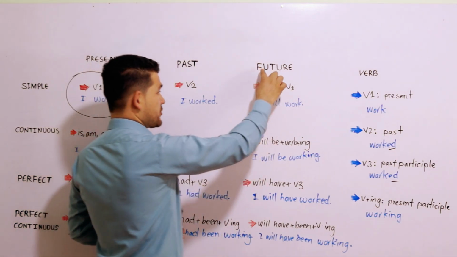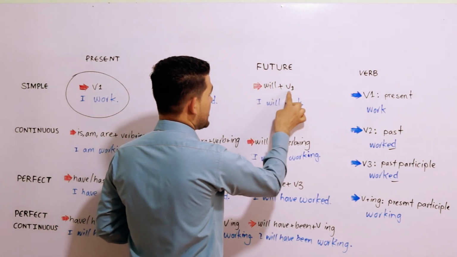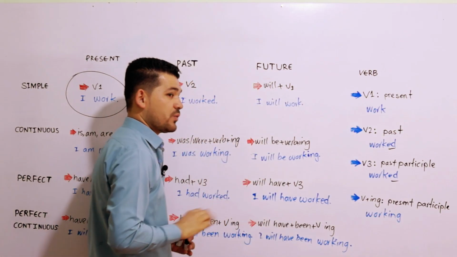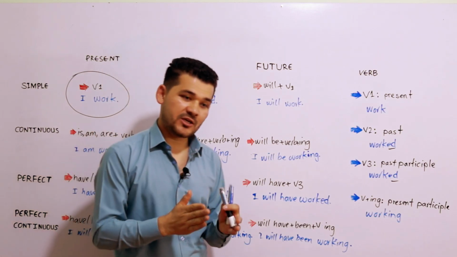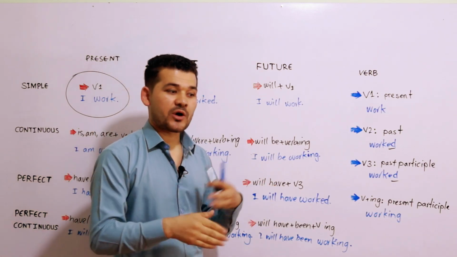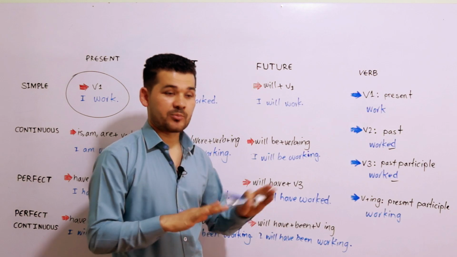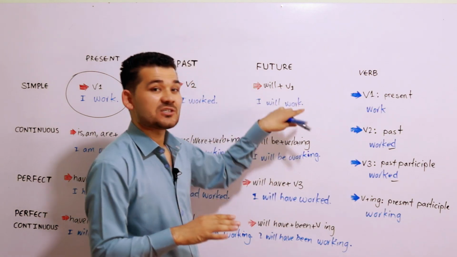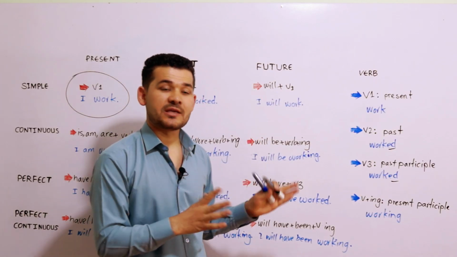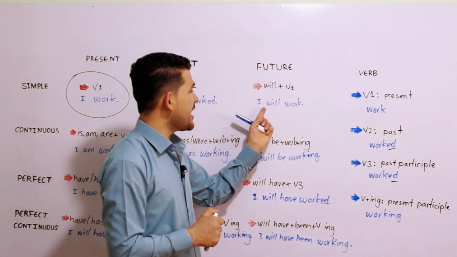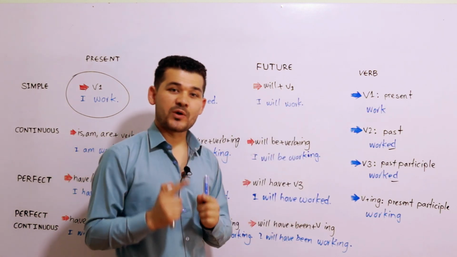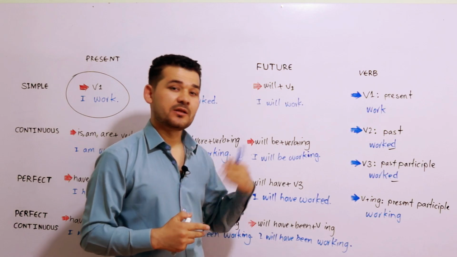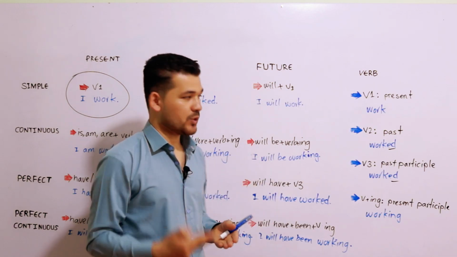What about future? We have will plus the base form of the verb without s. Even if you have he, she, or it, or third person singular nouns, not pronouns, it doesn't take any s or es. For example, you can say I will work, he will work, she will work, they will work.